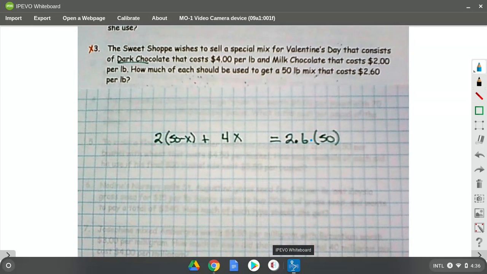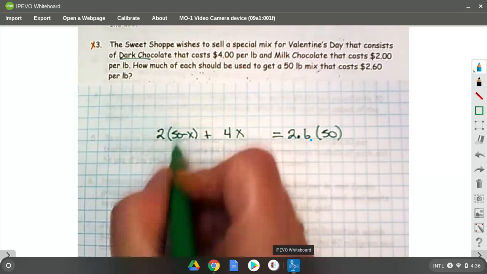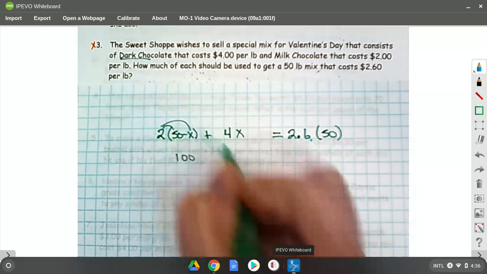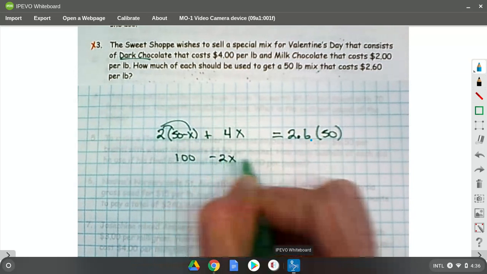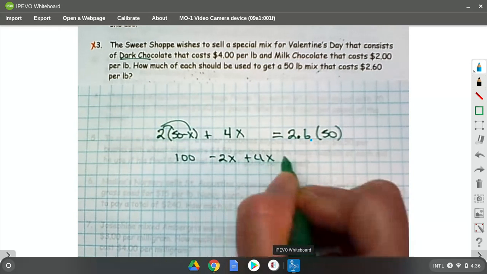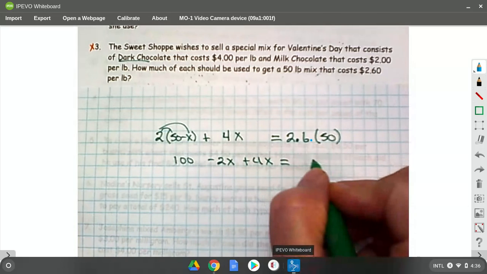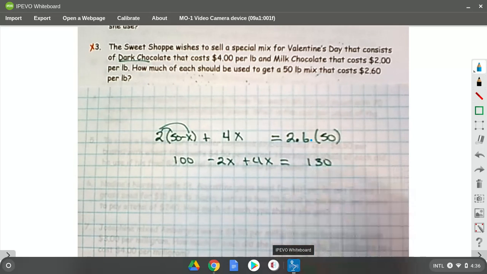All right. Now I'm just going to distribute, get my like terms together, and solve it. So 2 times 50 is 100 minus 2x plus 4x equals $2.60 times 50 gives me 130.